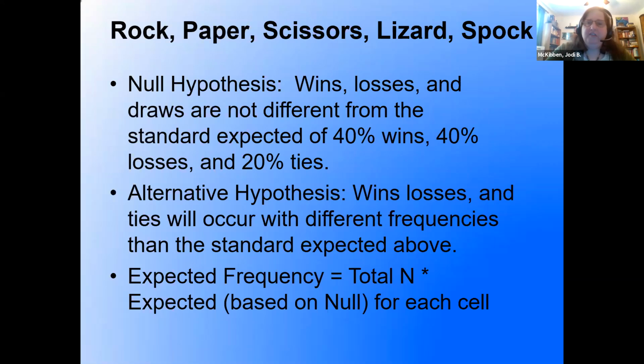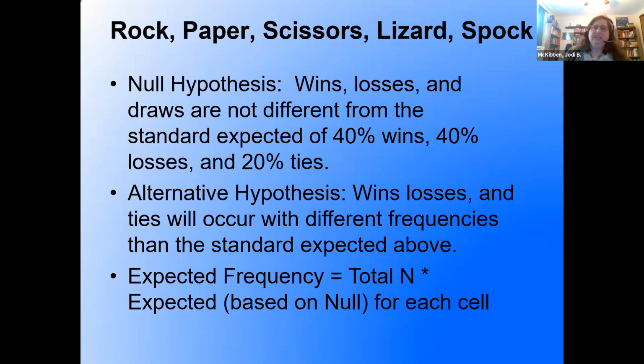The alternative hypothesis would be that wins, losses, and ties will occur with different frequencies than the standard expected above.